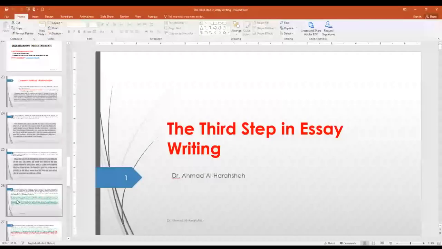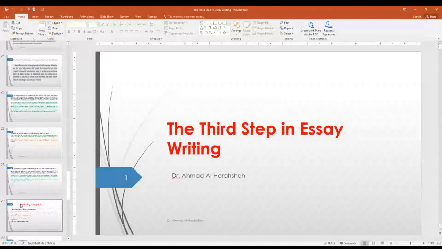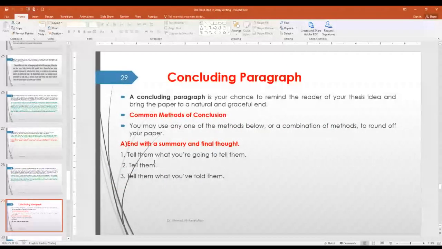Now, today, inshallah, I'm going to talk about the last issue in this unit, which is the concluding paragraph. When we started talking about paragraphs or essays, we said it's like a hamburger. It has two pieces of bread, the upper and the lower bun, and in the middle the meat, the lettuce, and other delicious things.